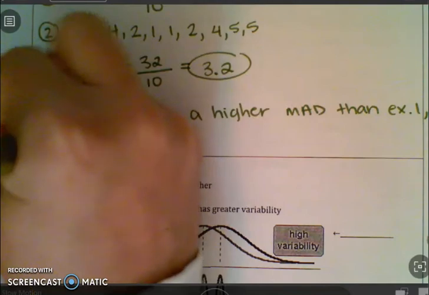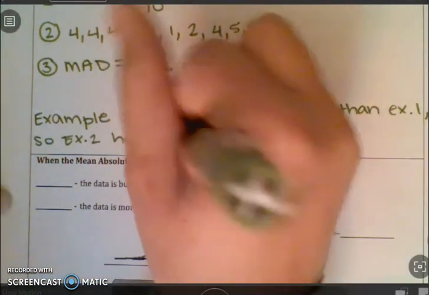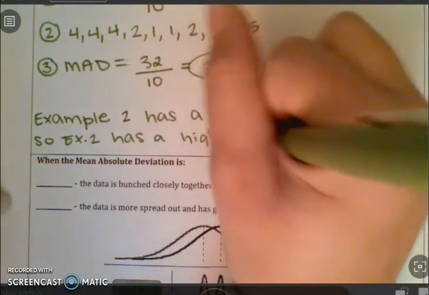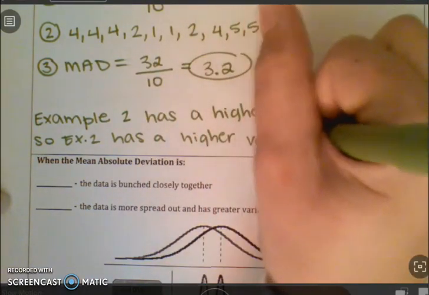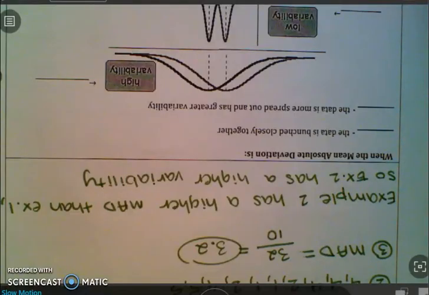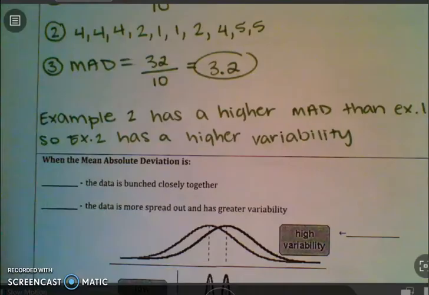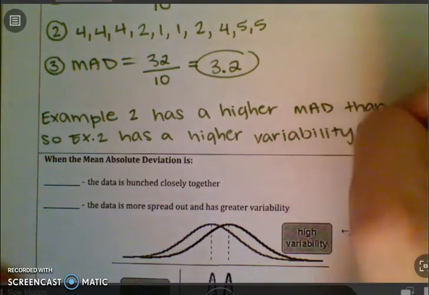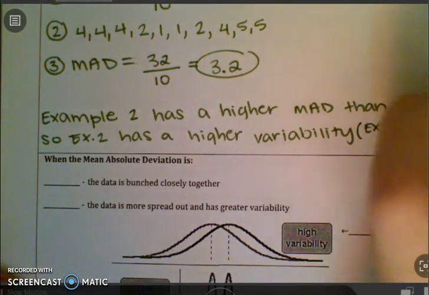So example 2 has a higher variability, which means example 2 is more spread out.